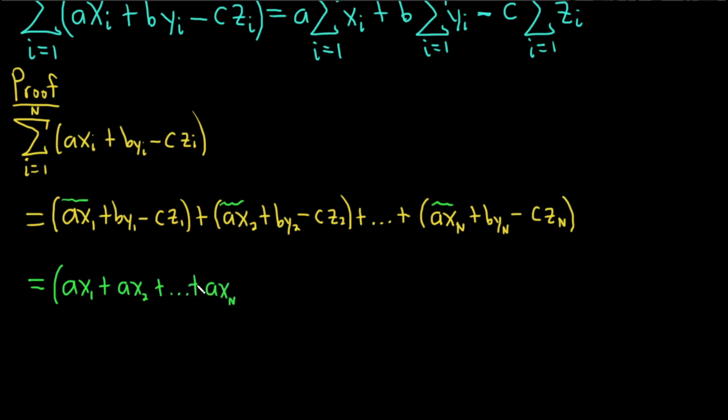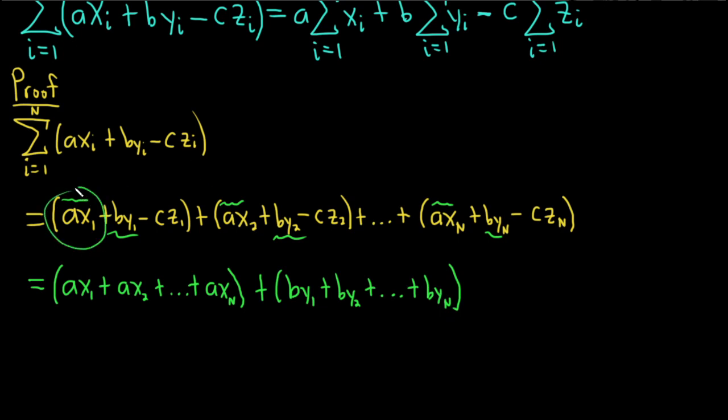We're allowed to do that again because addition is associative. So plus, now we'll do the b's. So b, b, b. So we have b y_1 plus b y_2 plus ... plus b y_N, right? Really nice. So we started by looking at just the a's, that's these here. Then we did the b's, that's this here.